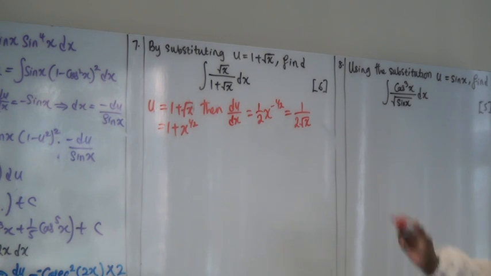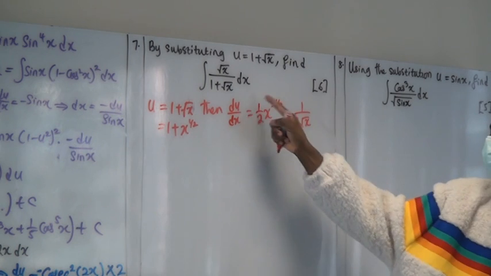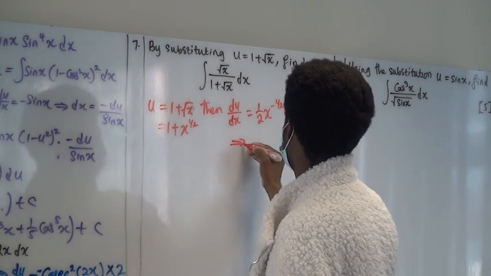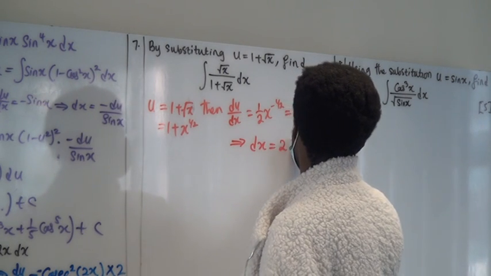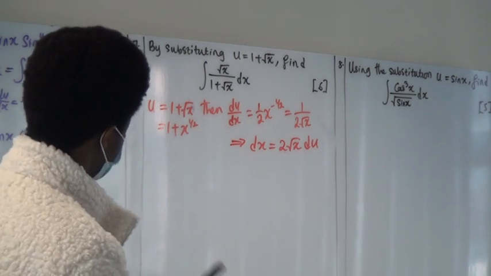Okay? We can cross multiply immediately, dx times 1, and this times this. Which implies dx is going to be 2 root x du. Right? We might be stuck.